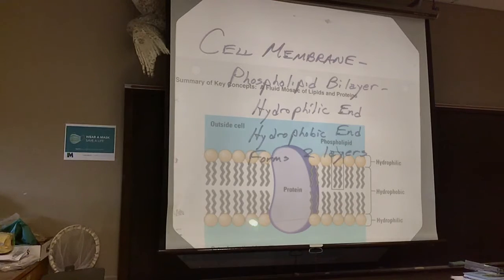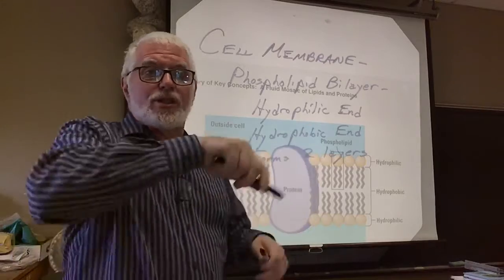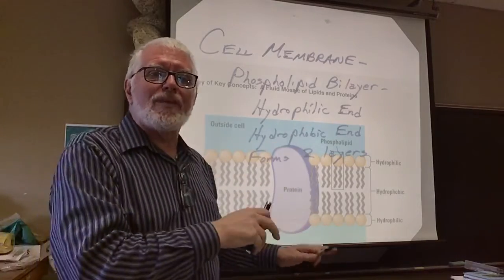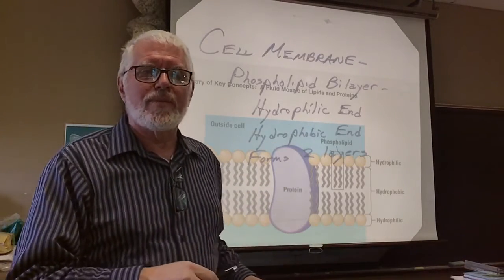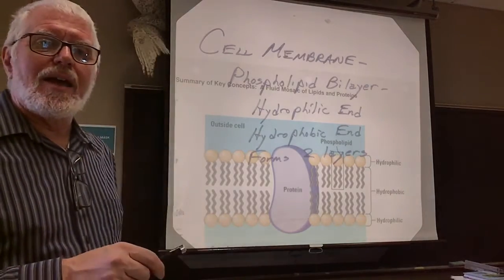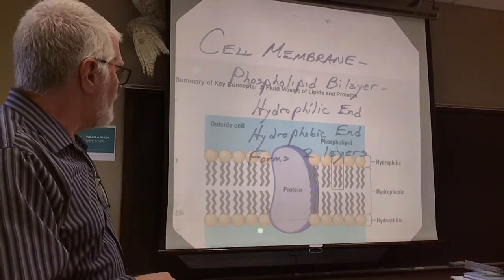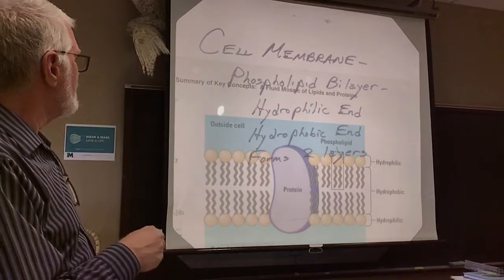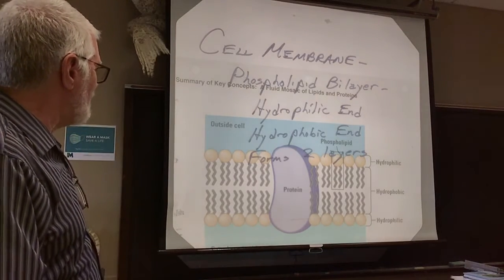But if you were to take that water and stir it up, shake it up, drive these molecules underneath the water, then they would naturally form bubbles. The bubbles would have water on the inside, water on the outside. Well, this is outside and this is inside from the labels.